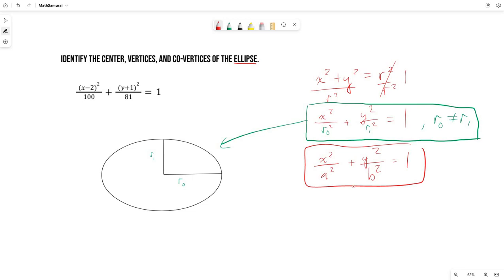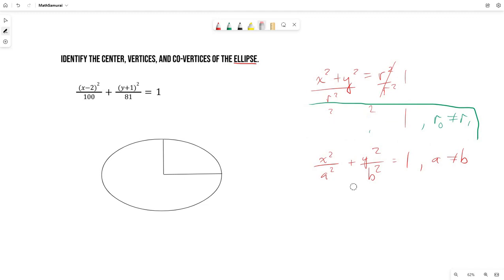The important thing is, even in this scenario, if it's going to be an ellipse and not a circle, A cannot equal B. So if that makes you feel better, then sure, let us change R0 and R1 to A squared and B squared. I'll just make everybody's day by erasing all that.